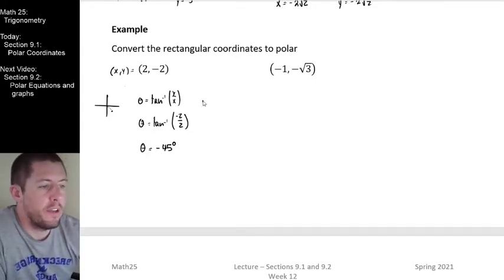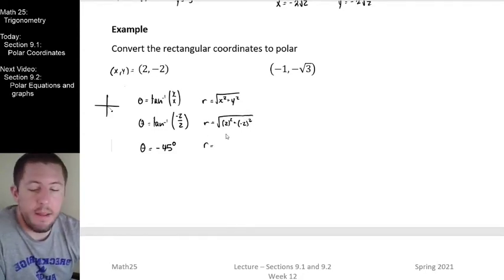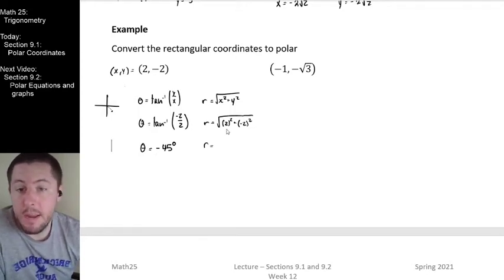Let's compute our r value here. r should be the square root of x squared plus y squared. So r is the square root of 2 squared plus negative 2 squared. The thing to watch out for here is the same as always with the Pythagorean theorem: negative 2 squared is 4, just like positive 2 squared.